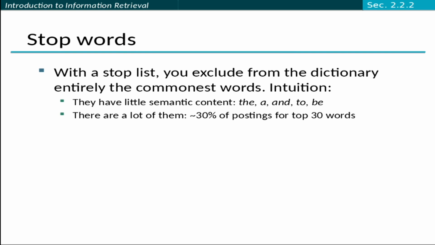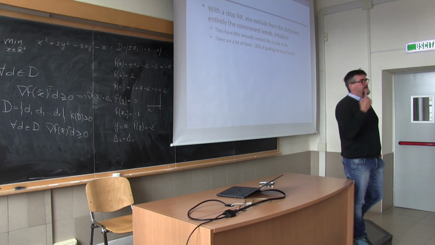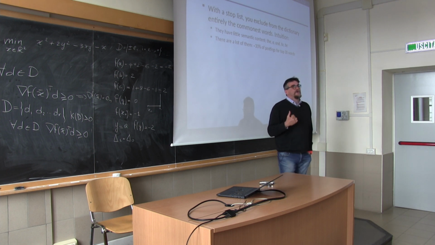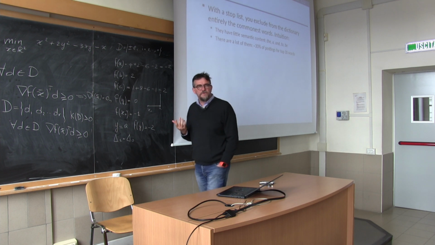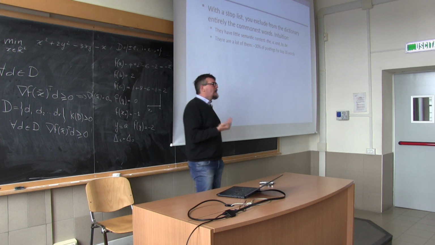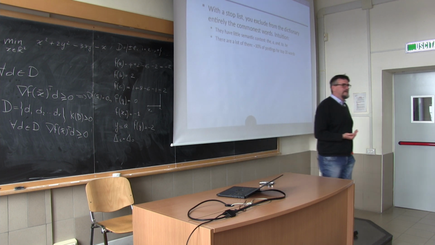I mean, the articles, conjunctions, and stuff like that do not provide a lot of information. And they are a lot. A significant fraction of the whole dictionary could be made of those words if you do not remove them. So, at least in principle, we have to think about how to remove those stop words in order to improve the performance of our system.